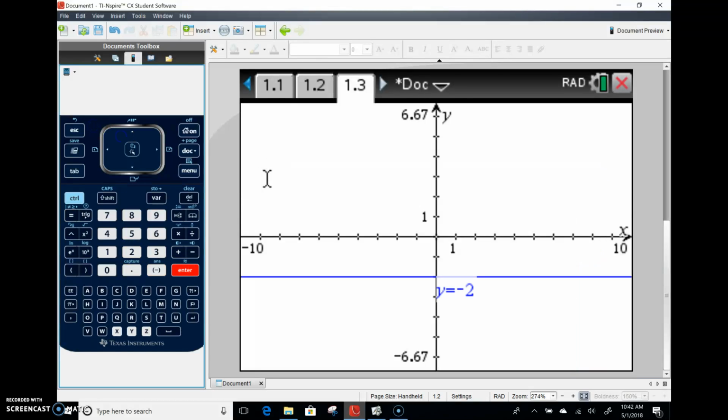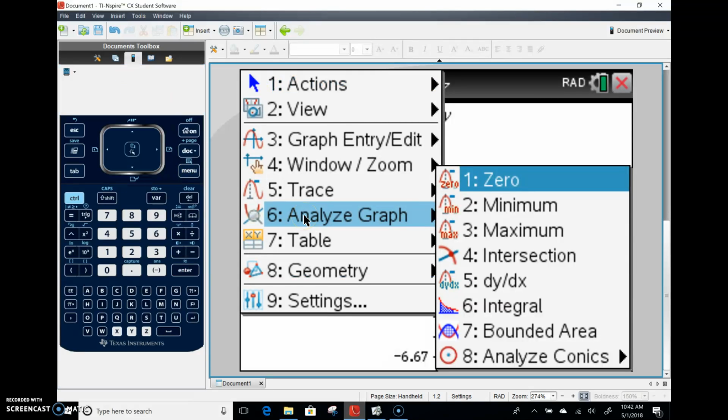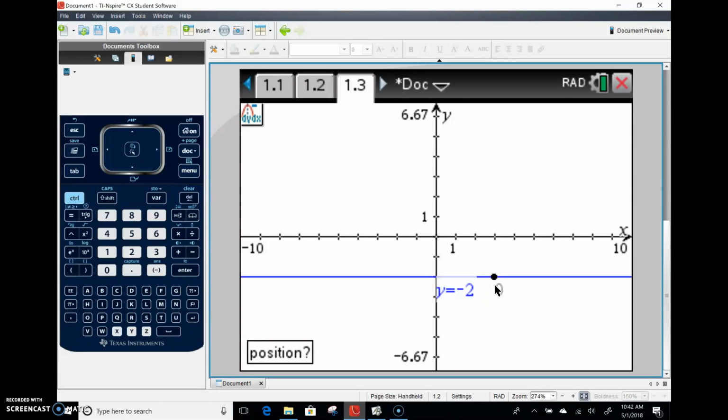You see the slope here is 0. I can go analyze graph, dy dx. Here it says the slope is 0.